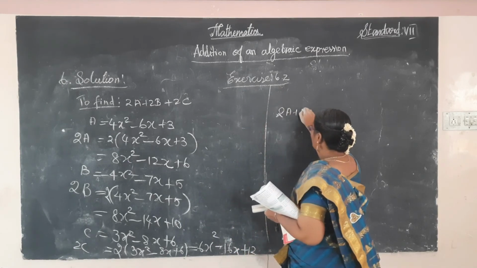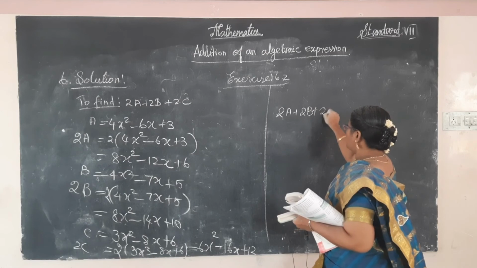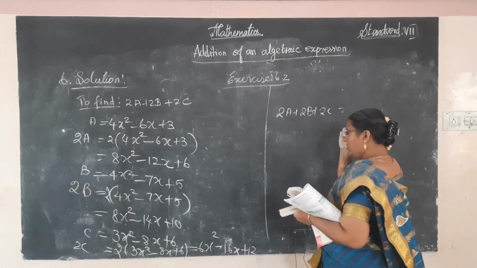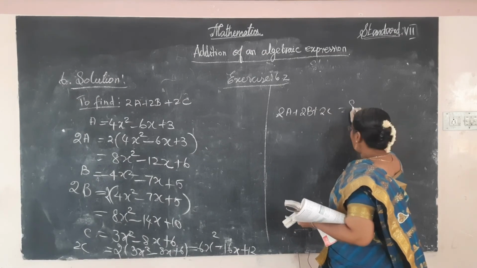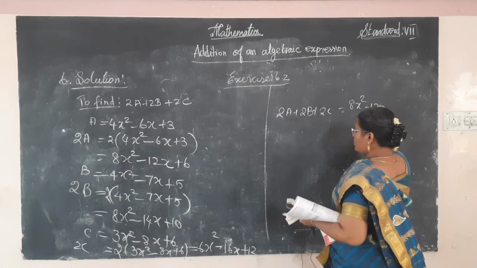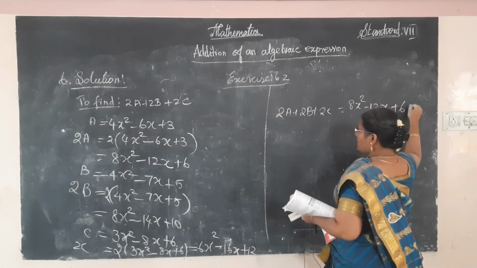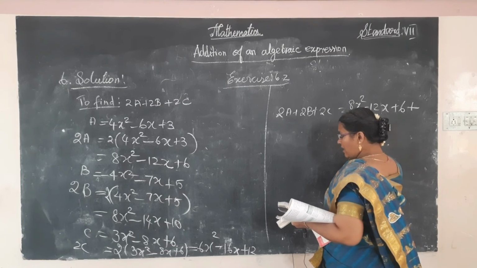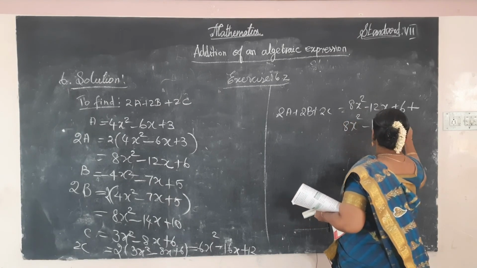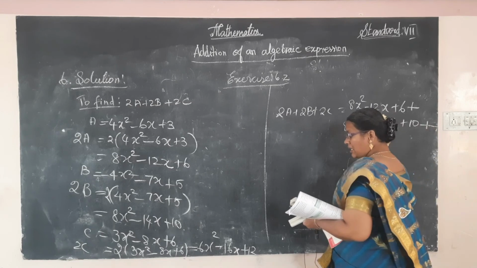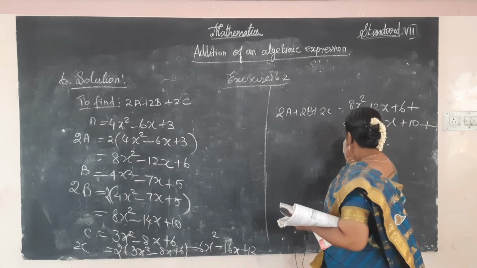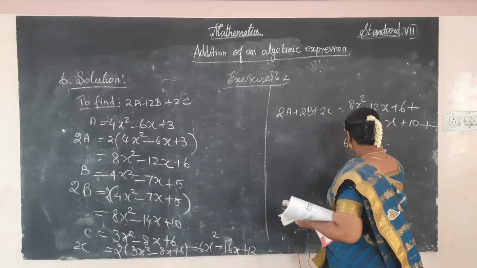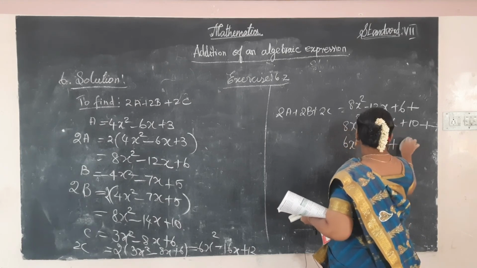2A plus 2B plus 2C is equal to, what is the value of 2A? 8x squared minus 12x plus 6 plus 8x squared minus 14x plus 10 plus the 2C value, 6x squared minus 16x plus 12.